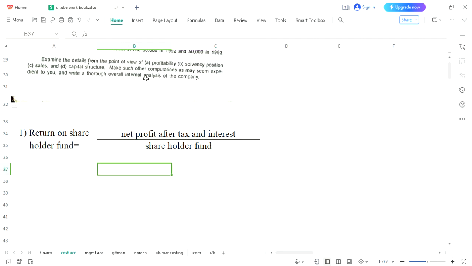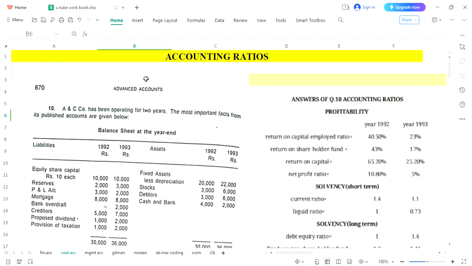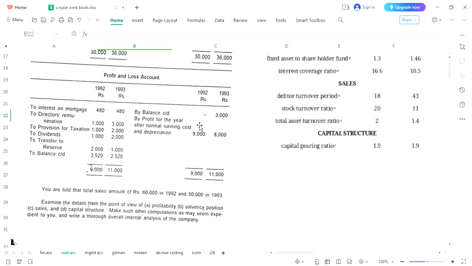The first step is to calculate net profit after tax and interest. This is very interesting. Read it: profit for the year after normal running and cost of depreciation. On the left side you can see interest, director remuneration and tax. Please underline these three items: interest, remuneration and tax.